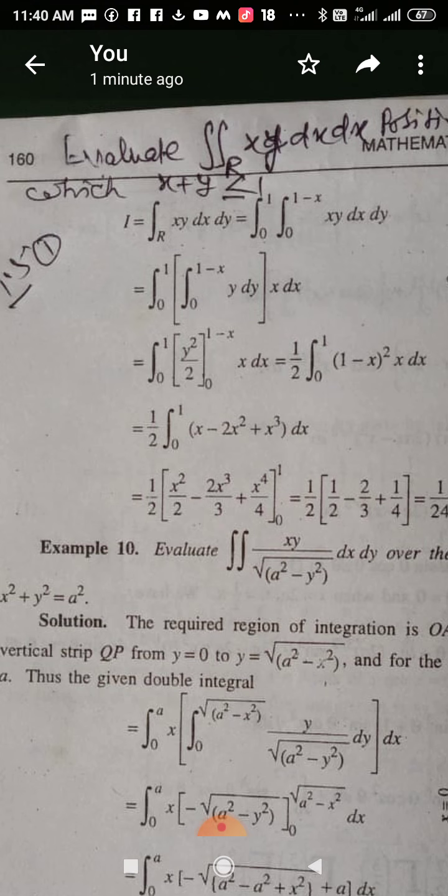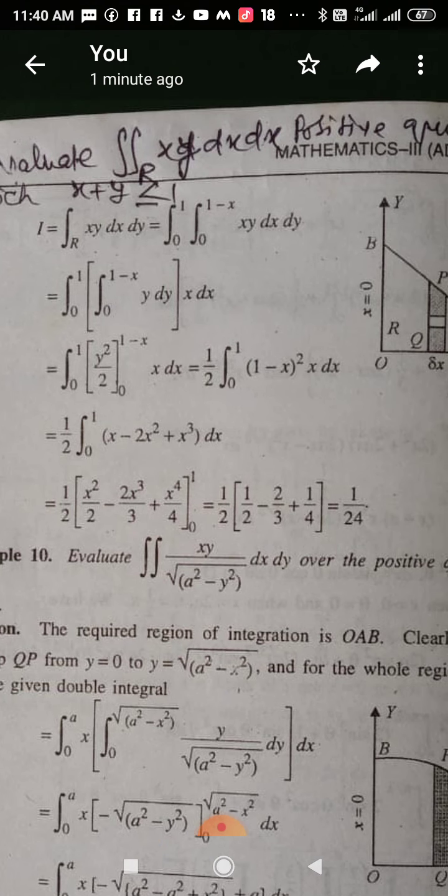So first of all we integrate y with respect to y, and after integration it gives y square upon 2, with lower limit 0 and upper limit 1 minus x, times x dx, equals 1 by 2 common, integral 0 to 1. Putting the value of 1 minus x in place of y, it becomes (1 minus x) square times x dx.